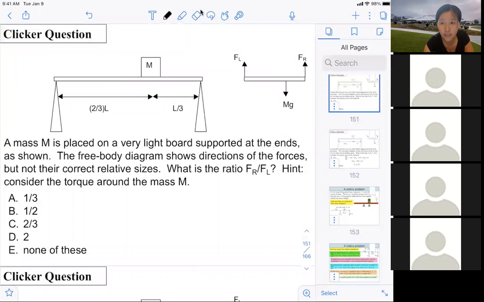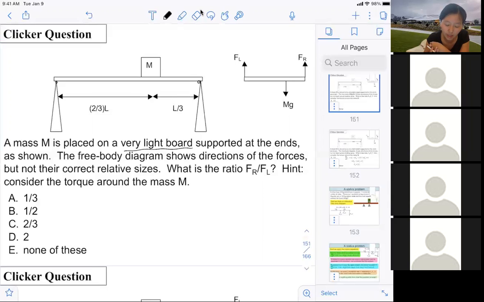about static equilibrium. Here we have a very light board, so that tells you that you don't have to worry about the gravity of this board. And the board is balanced, supported by two ends, here and here. So we know that there are forces applied at these balancing points.